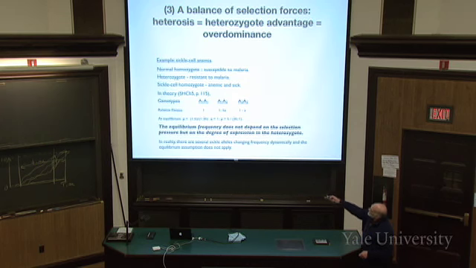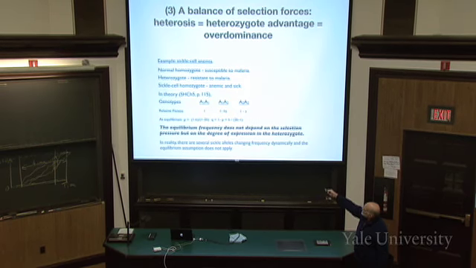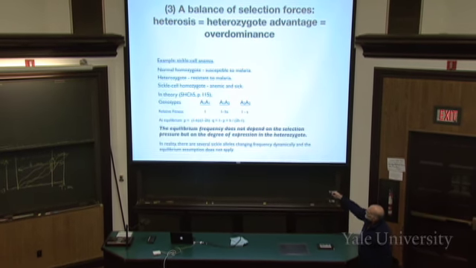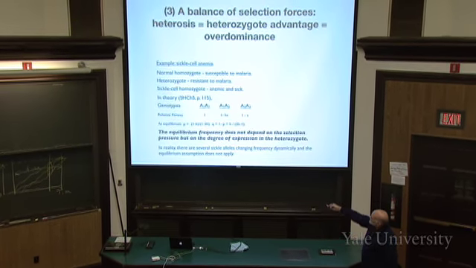Now, this is the normal homozygote, which is susceptible to malaria. The heterozygote is resistant to malaria, and the sickle cell homozygote is anemic and sick. And it sets up this kind of relative fitness. And in fact, if h here is actually going to be a negative number, okay?